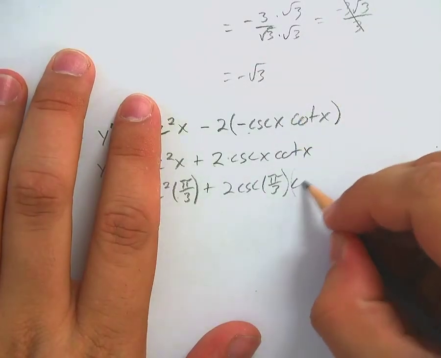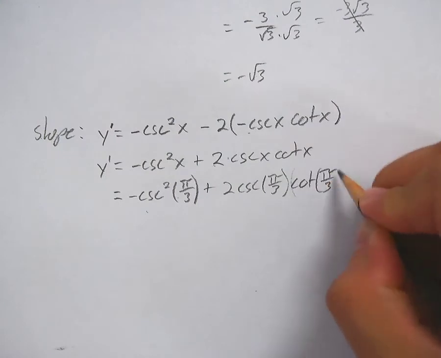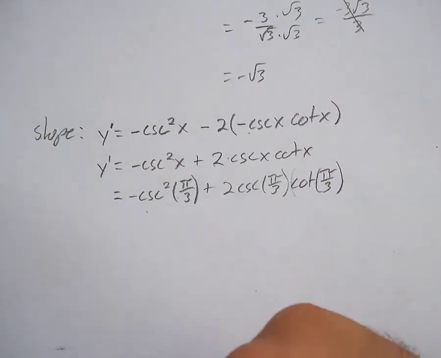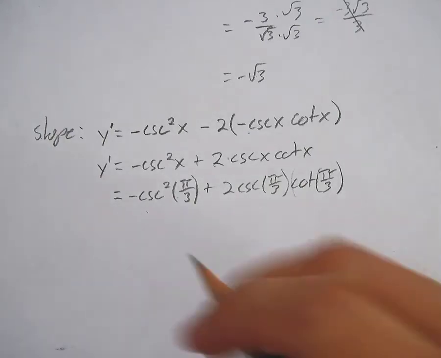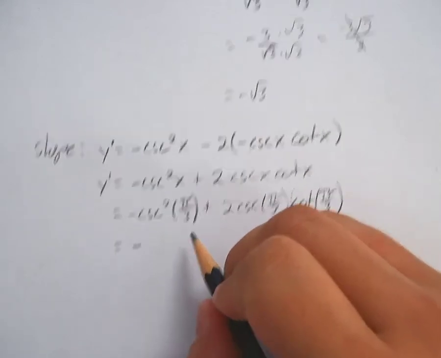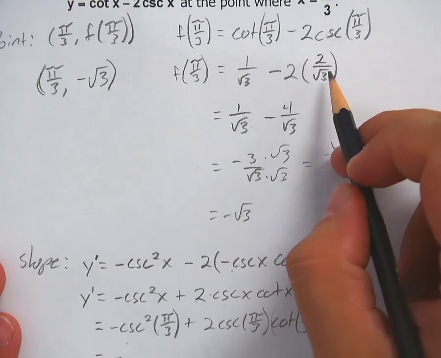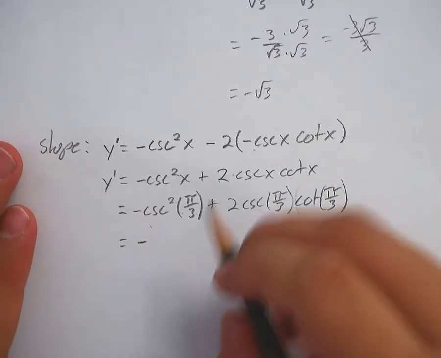cotangent of pi over 3. Now we already have a lot of these values from up top. Remember the cosecant of pi over 3 from up here. Here we go. Cosecant of pi over 3 was 2 over the square root of 3.